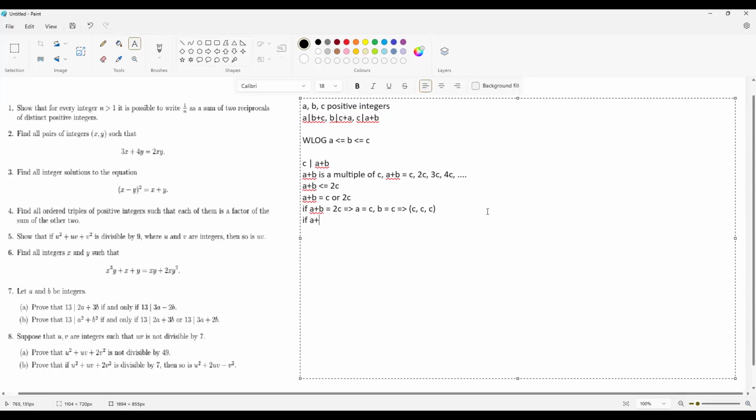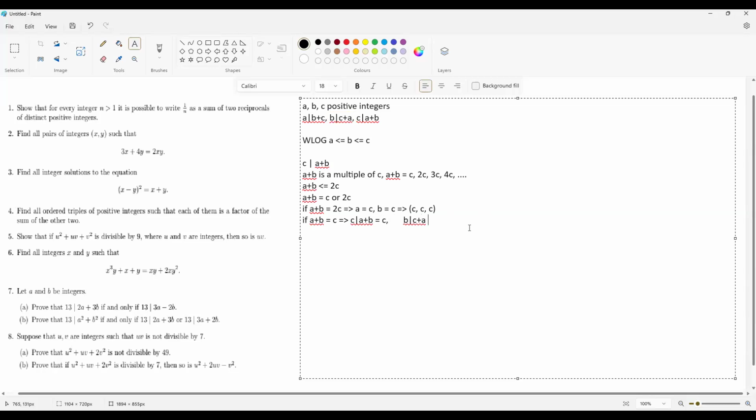What if A plus B is equal to C? Then we get C divides A plus B, which is equal to C. But now let's look at the other conditions.